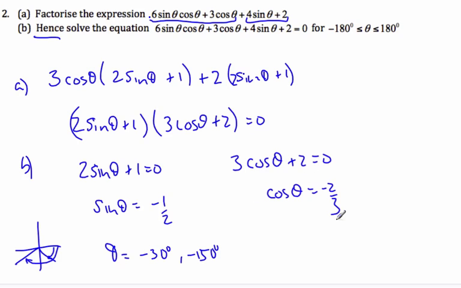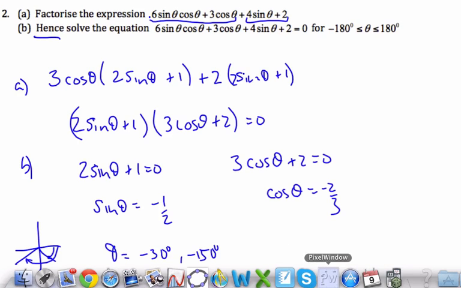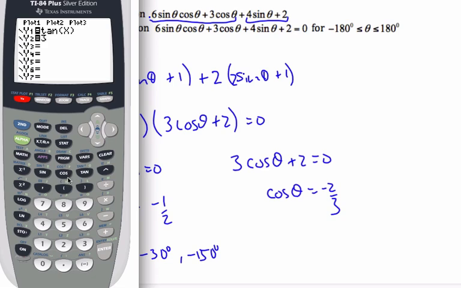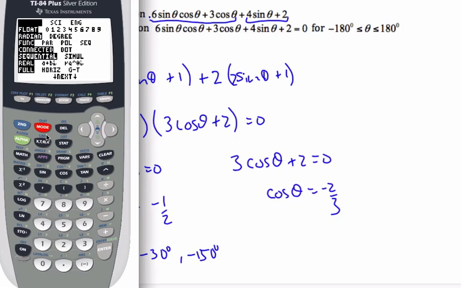Shifting over to cosine, I can see that's not one of my special ones, so I have to use my calculator. I'm going to make sure that I want cosine here, and I want negative 2 divided by 3. My mode, I'm going to change to degrees, since that's what I'm dealing with.